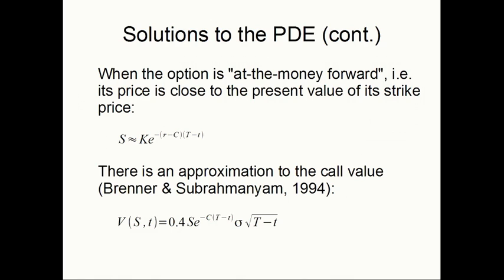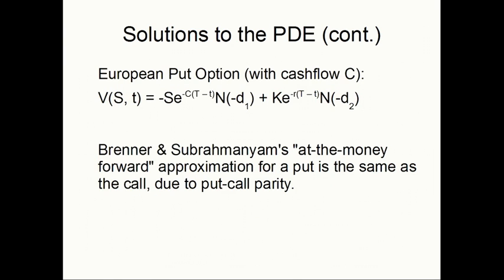When the option is at the money forward, in other words, its price is close to the present value of its strike price, there is an approximation to the call value, and this is the formula for this approximation. This is the formula for the European put option. Because of the put-call parity principle, the approximation of the at-the-money forward formula for the put is the same as that of the call.